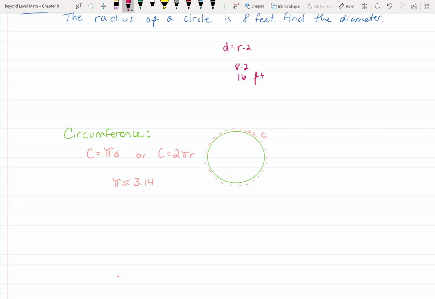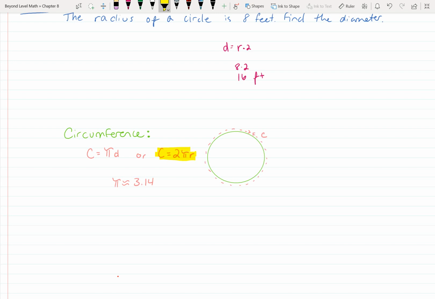I typically use this formula only because when I think circles, I think either circumference, 2 pi r, or area, which is pi r squared. It's still using the same numbers, same variable r, but that's just what I'm used to, so that's what I will use in the homework answer key. That's what I'll use during these examples, but either way works.